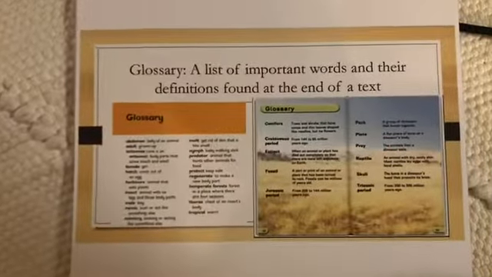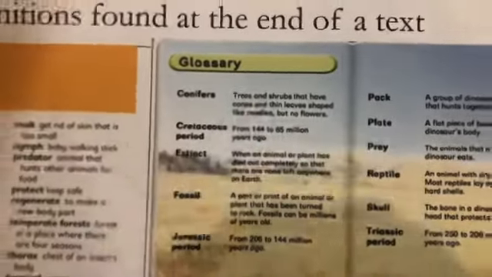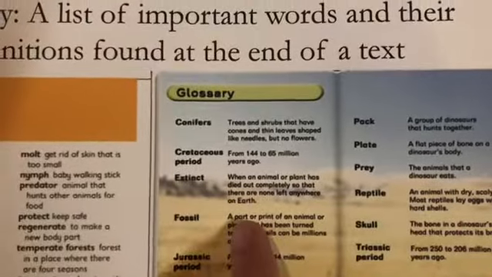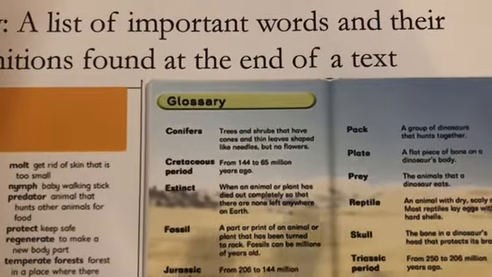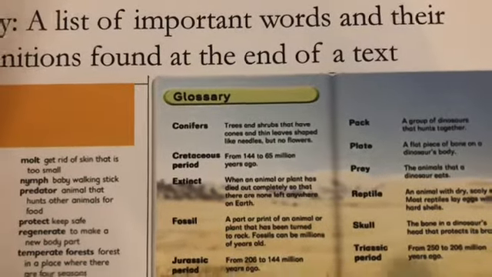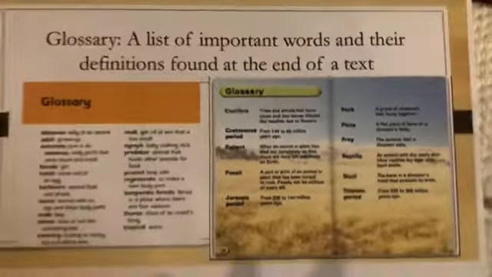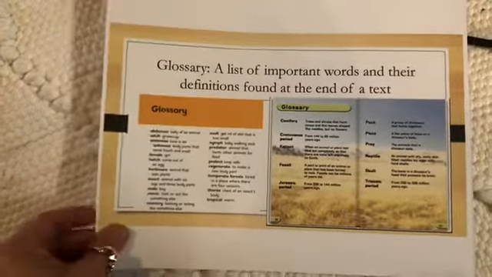So the author will often put those words in a glossary. For instance, you can see here the definition of a fossil, which is a part or print of an animal or plant that has been turned to rock. Fossils can be millions of years old. Those, again, are words that are important to the text and often in special print.